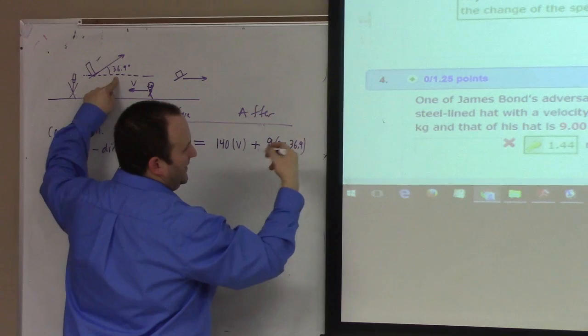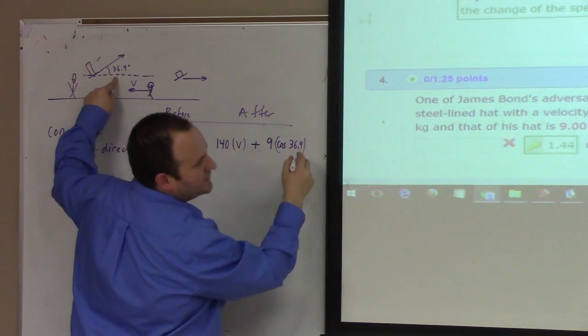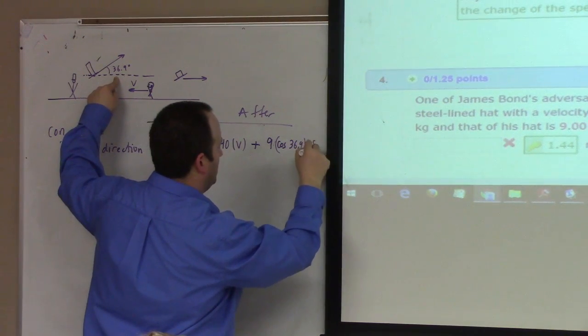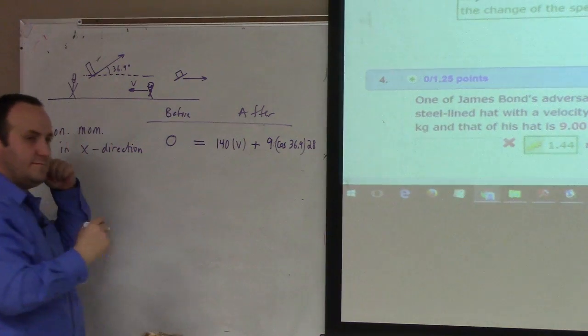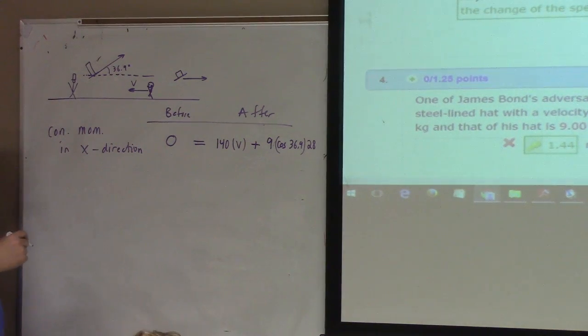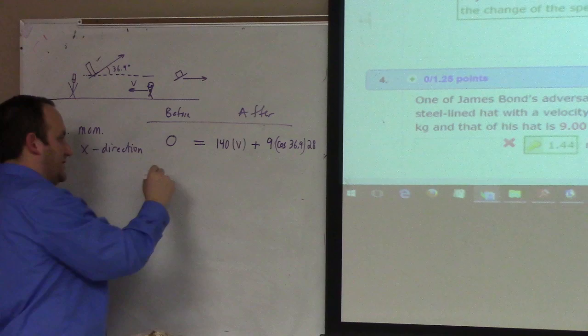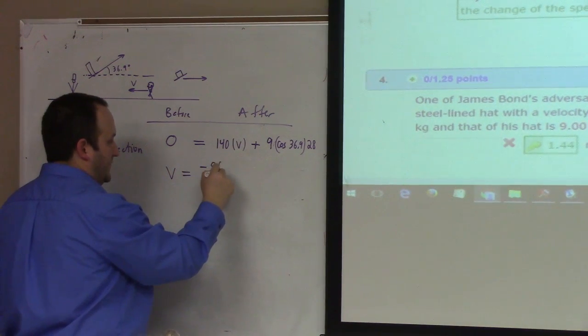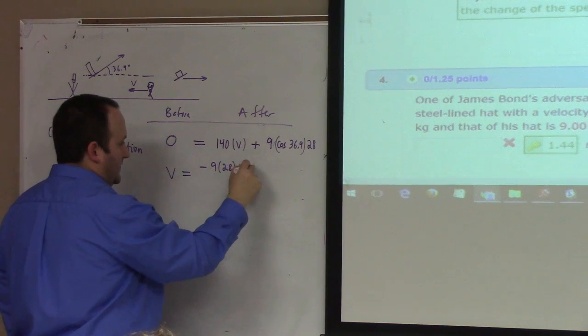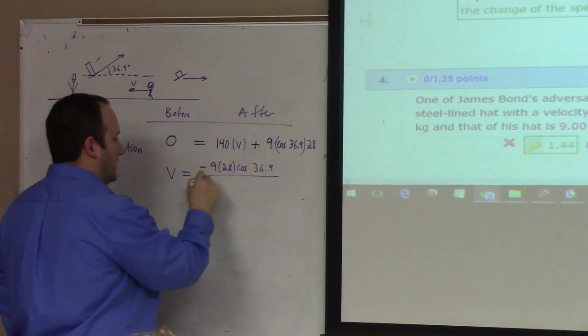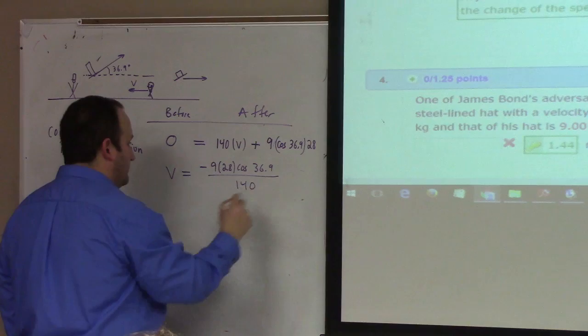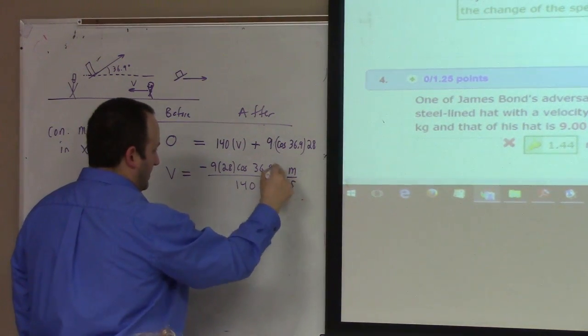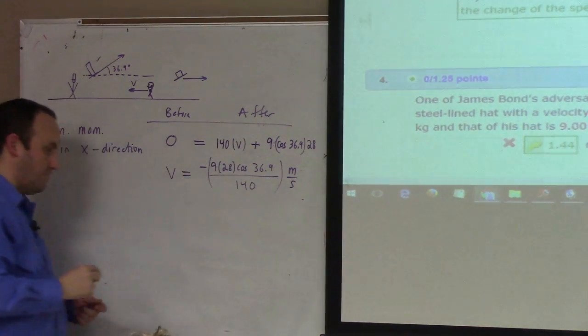Times the speed of the hat. What's the speed of the hat? 28. Right, that's the speed of the hat. So that says to me then his horizontal speed is minus 9 times 28 times the cosine of 36.9 divided by 140 meters per second, of course, given everything else I've done.